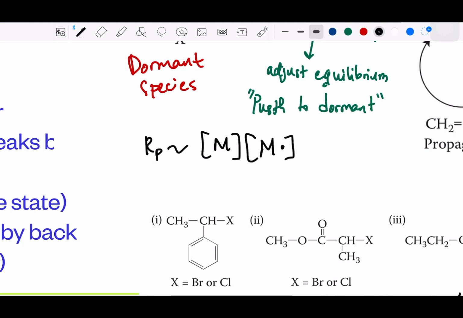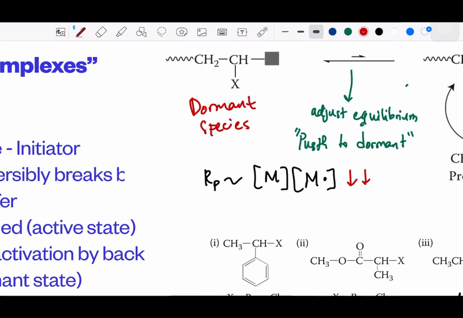So if we can take this strongly reduced, then the rate of polymerization is also reduced. So that's how we can take the polymerization and make it into dormant species so that we can control it.